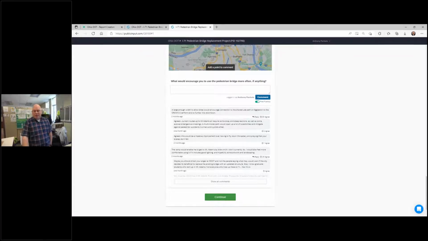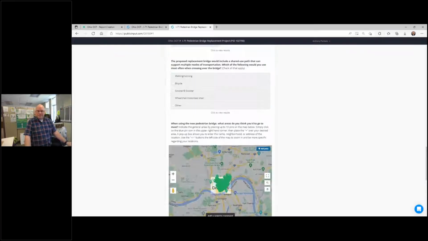The public can make their comment private if they want to, but frequently it defaults to public, and often they choose to use a public response, which allows the public to see someone's comment and agree with it, or in turn disagree with the comment, saying that doesn't fit my needs, and they can respond to that. And they can also reply to comments as well, so it gives almost a conversation.